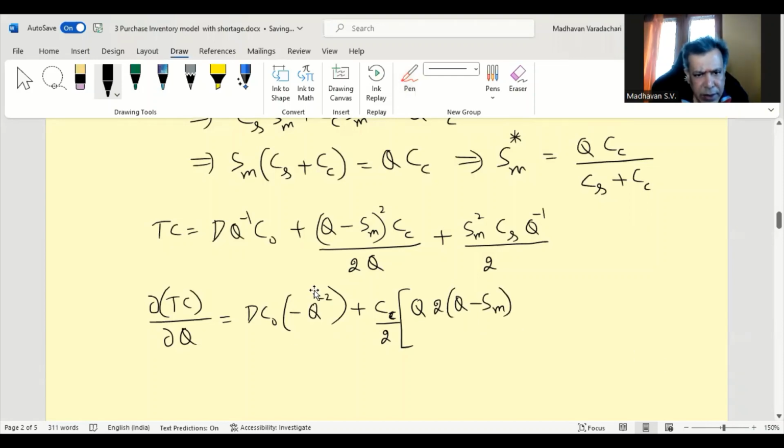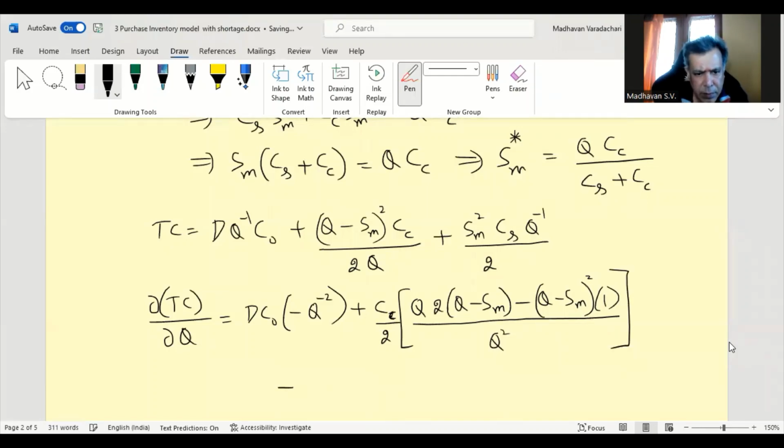And then you go inside and differentiate this, which gives 1 minus 0. It is 1 only, so you can ignore it. Minus v, that is Q minus Sm the square. Now differentiating the denominator, which is Q, you get 1. The whole thing divided by v square, and v square here is Q square.